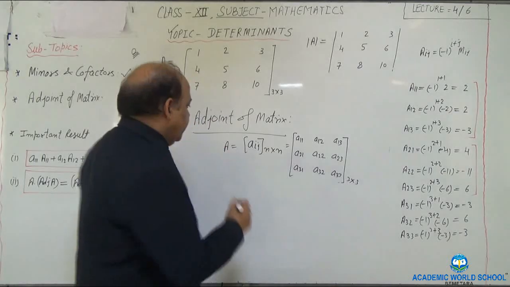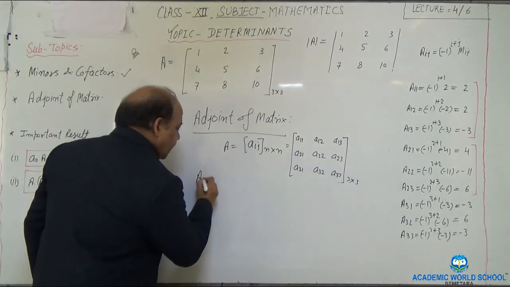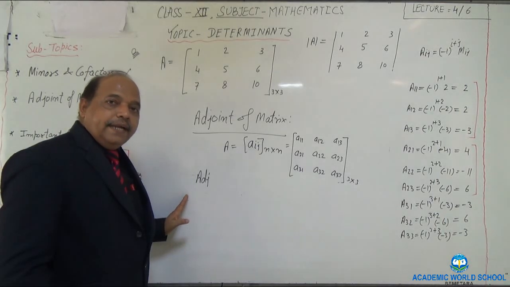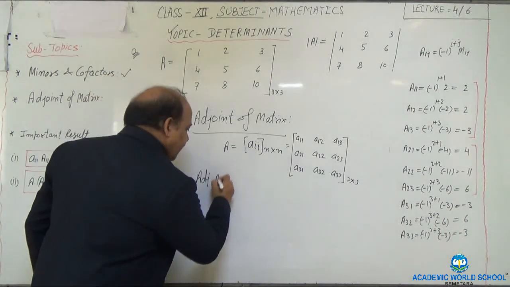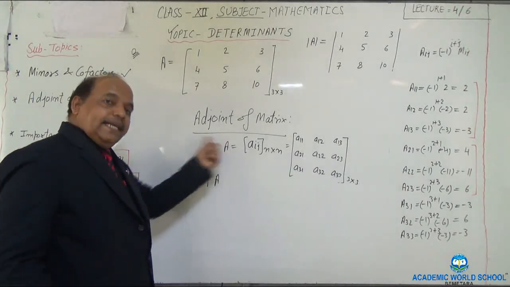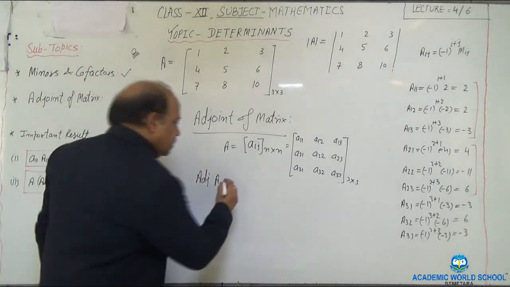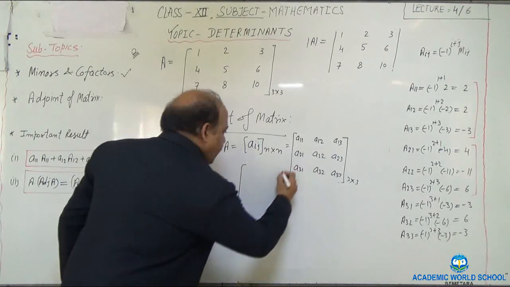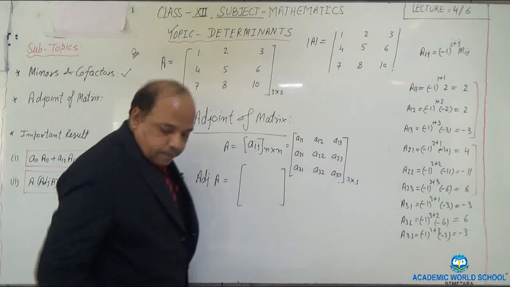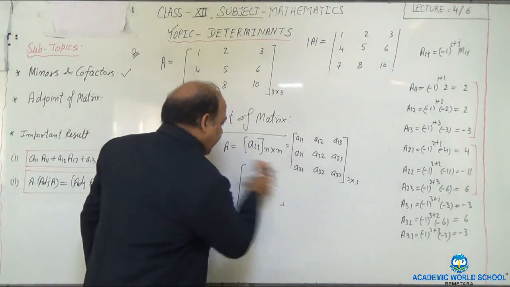What does it mean? It means adjoint is normally written in this form ADJ, adjoint of A. What does it mean? Adjoint of A means the adjoint of the matrix which is given. So how to write that? First, as I said, you need to construct the cofactors matrix. So let me first construct the cofactors matrix.